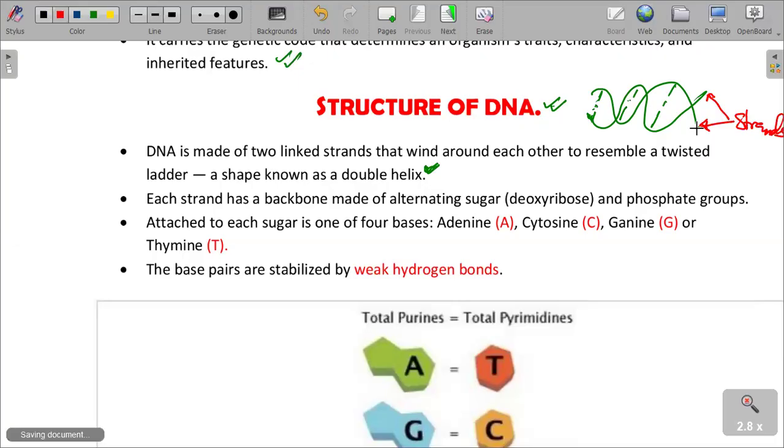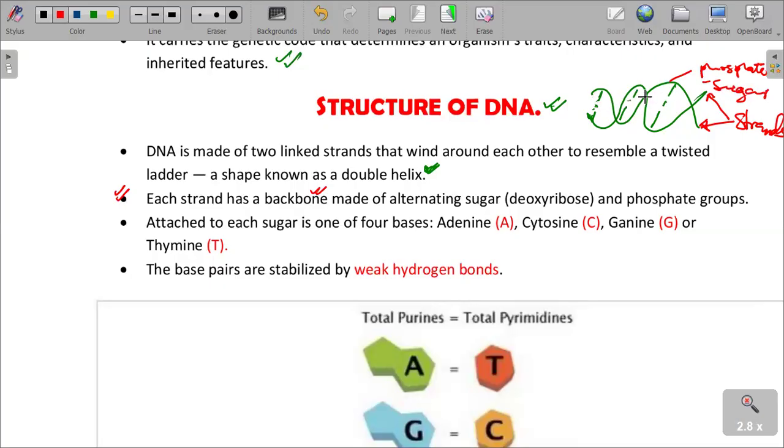Each strand has a backbone made of alternating sugar, deoxyribose, and phosphate groups. So as you look at this structure, each strand is made of phosphate and sugar molecules.